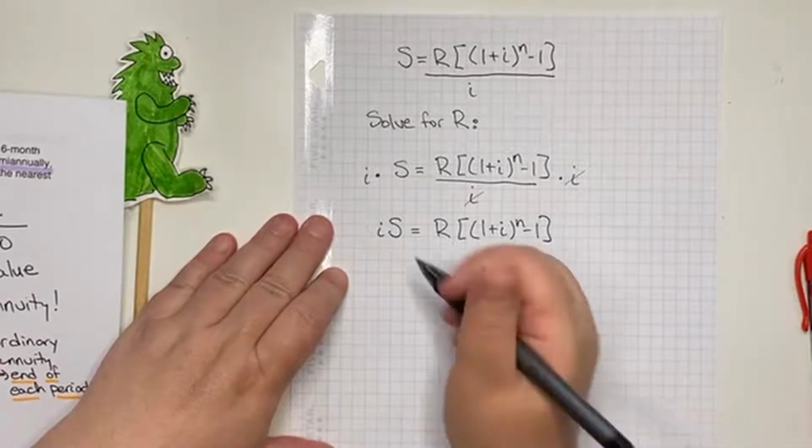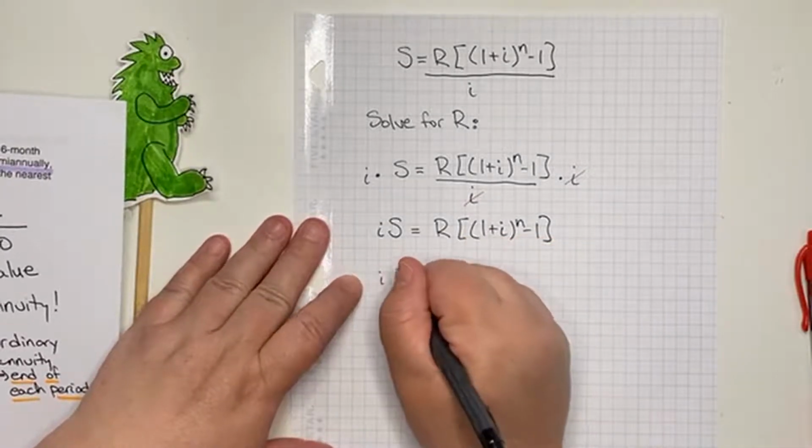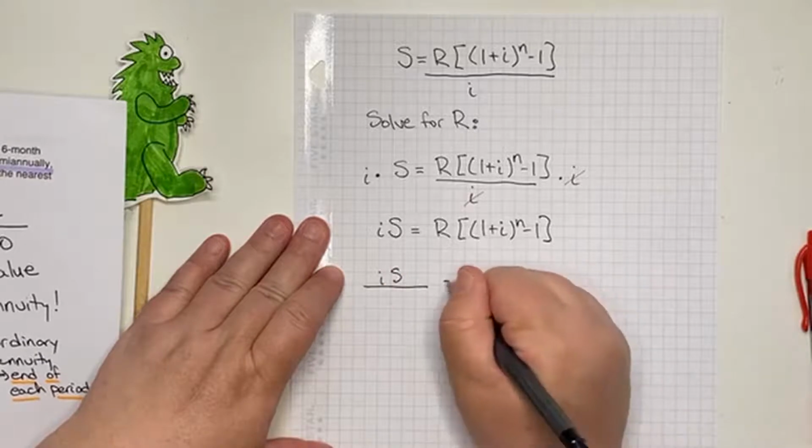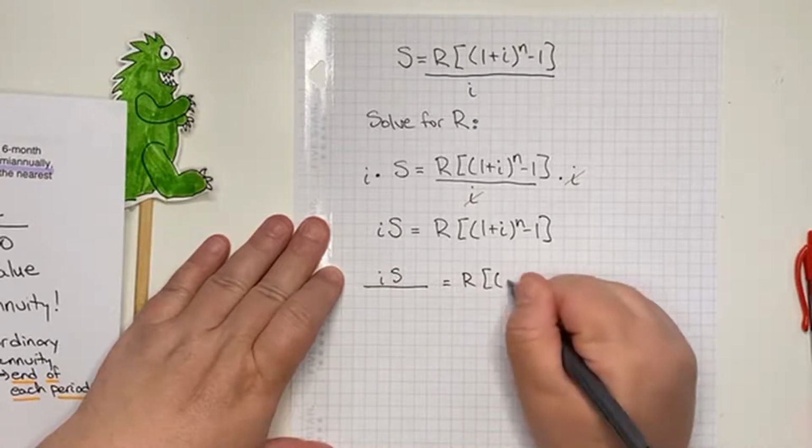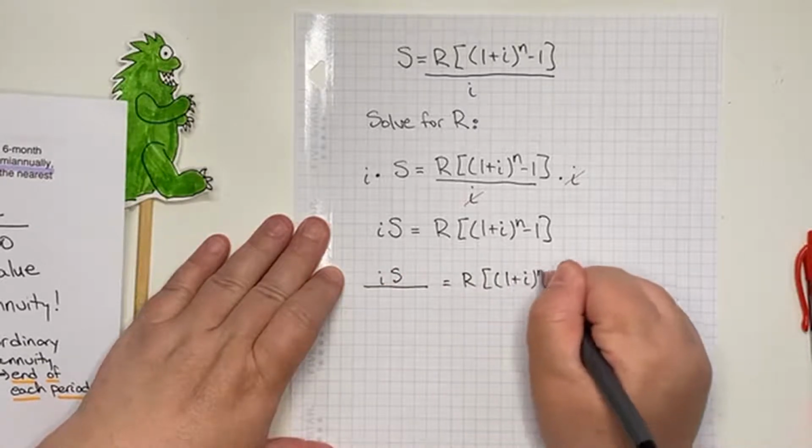And then what I'm going to do is divide both sides by the big old numerator.